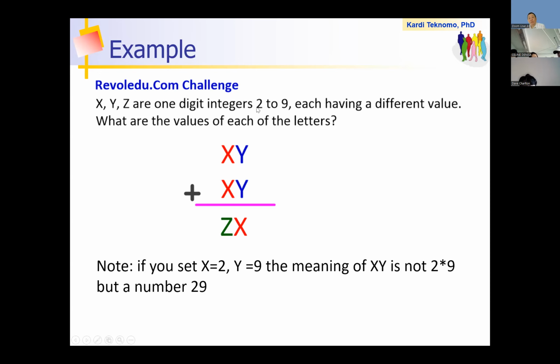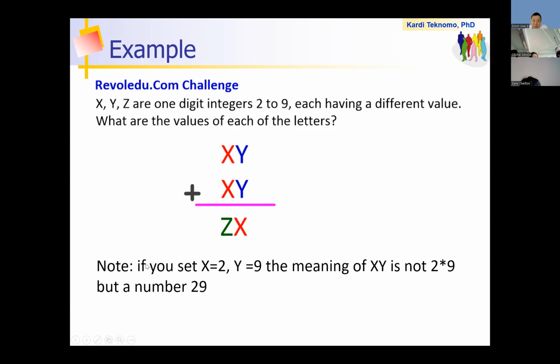One-digit integer from 2 to 9, not 1, not 0. So the question is, what is the value of each of these letters? Y plus y equals x, x plus x equals z. This is an optimization problem, yeah?